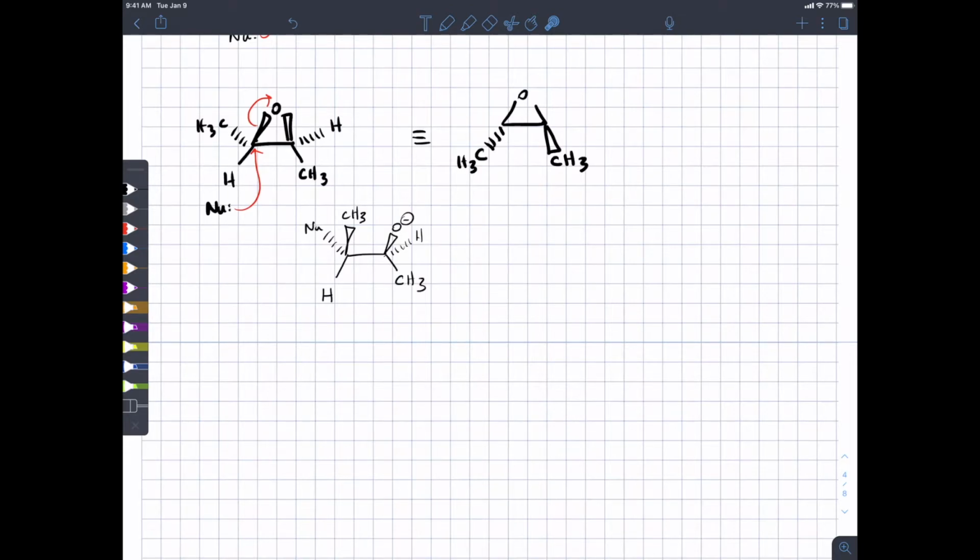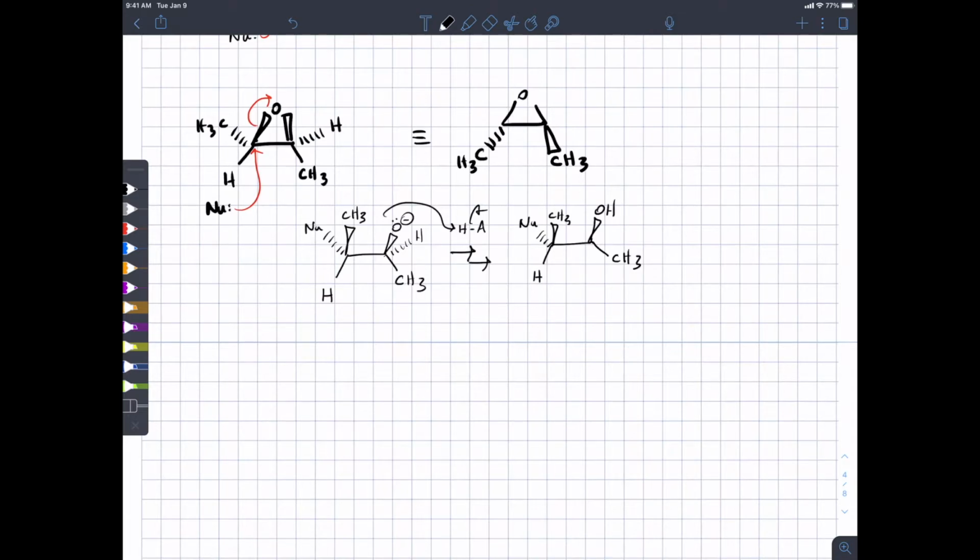And so after we do the aqueous workup and the proton gets removed, the product of this reaction has the OH group and the nucleophile on adjacent carbons, and with that observed stereochemistry.